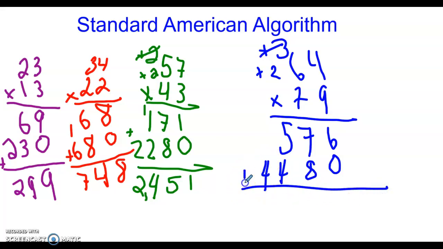Add those up. And I have 6. 15. Carry the 1. 5, 9, 10. Carry the 1. And 5. So, 64 times 79 is 5,056.